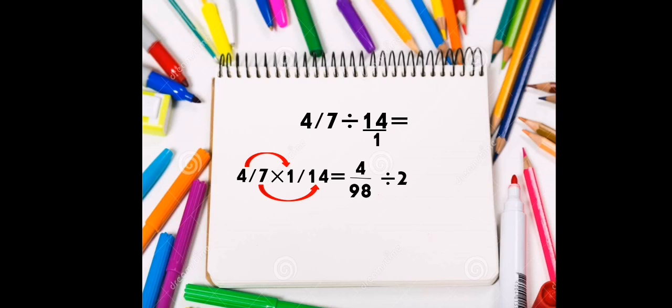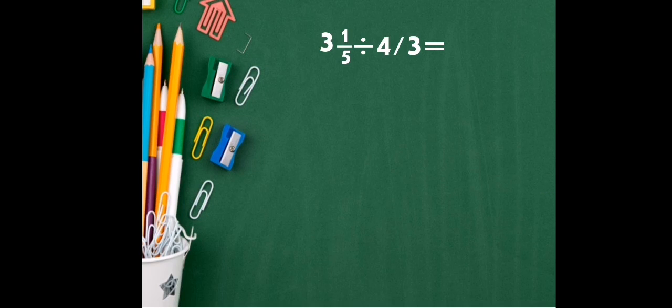So we're going to divide both numerator and denominator by 2. 4 divided by 2 is equal to 2. 98 divided by 2 is equal to 49. So 2 over 49. Do they have a common factor? None. So it is in the simplest form.